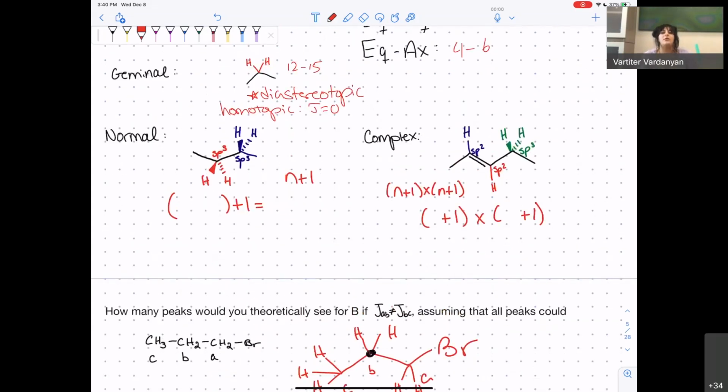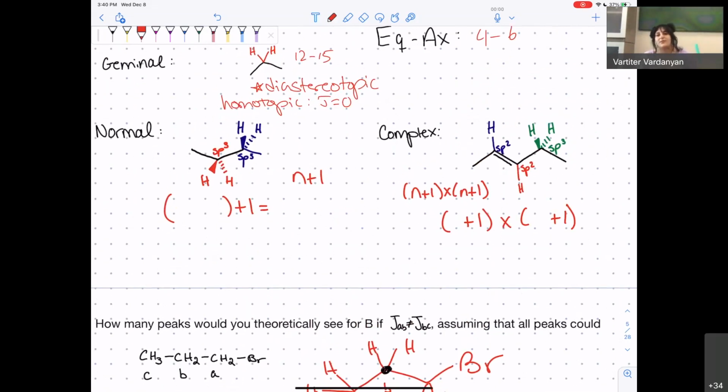So normal and complex splitting, we took a long time to go through and talk about this. We're just going to do the fast version right now. Normal splitting is when we have all the same J values, and how I want you to think about it is hybridization. If we have all the same hybridization, that is normal splitting. So we're just going to count all the neighbors and add 1. We are specifically talking about the red hydrogens.